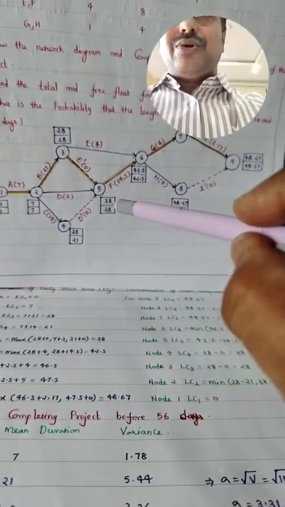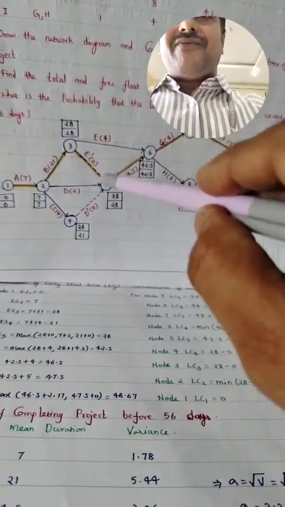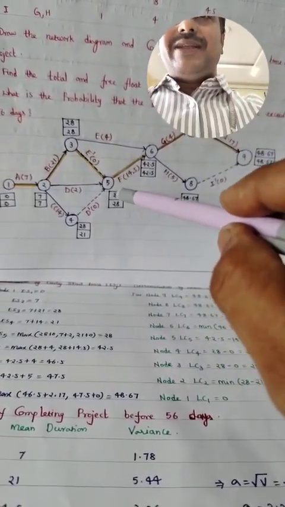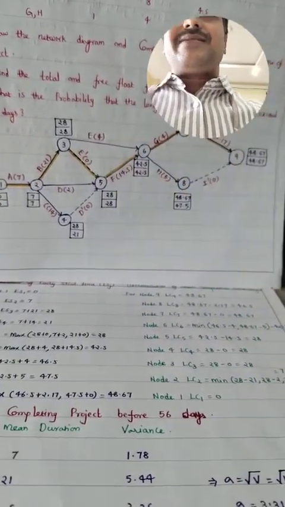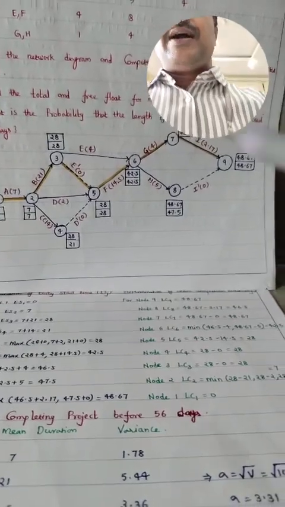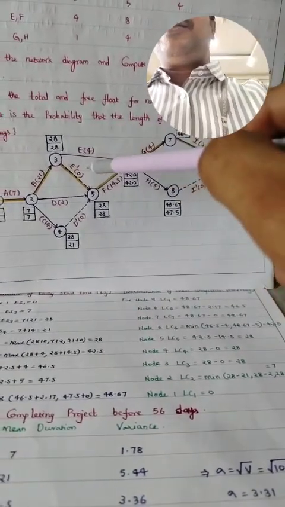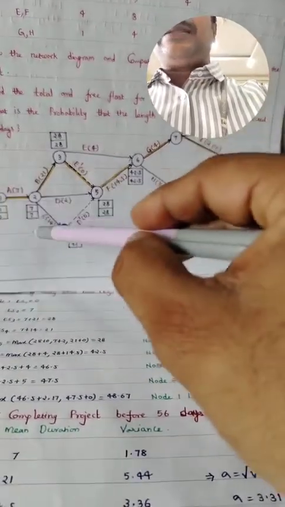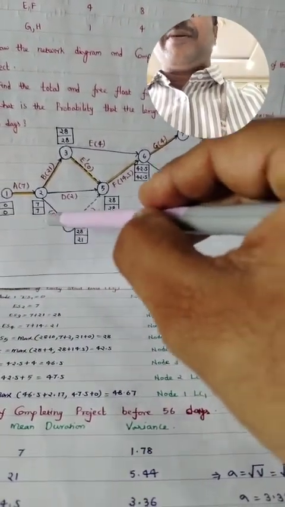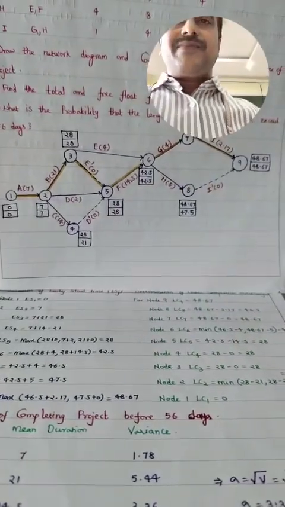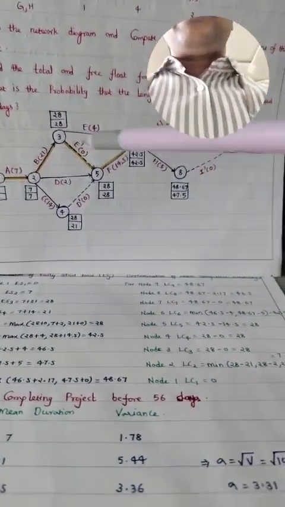For node 5, I will take the maximum of 28 plus 0, as it is a dummy and its mean value is taken as 0, so 28; 7 plus 2, which is 9; and 14 plus 21 plus 0, which is 21.